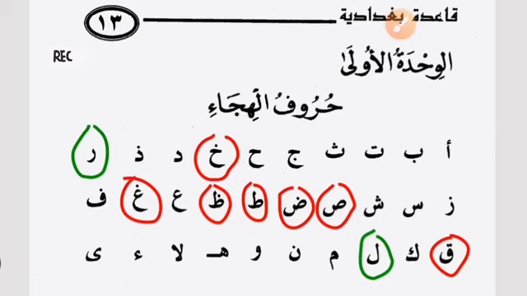And learning Arabic has some importance. As a Muslim, Allah says in Surah Yusuf, أعوذ بالله من الشيطان الرجيم بسم الله الرحمن الرحيم إنا أنزلناه قرآنا عربيا, إنا جعلناه قرآنا عربيا, we have made the Quran an Arabic Quran.